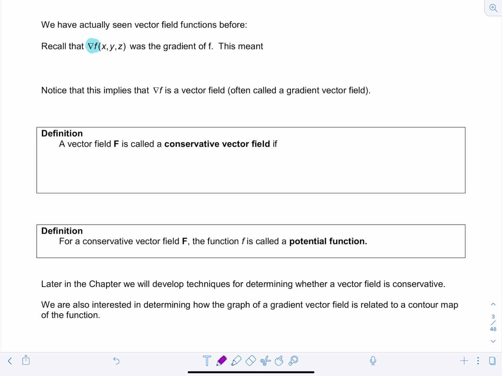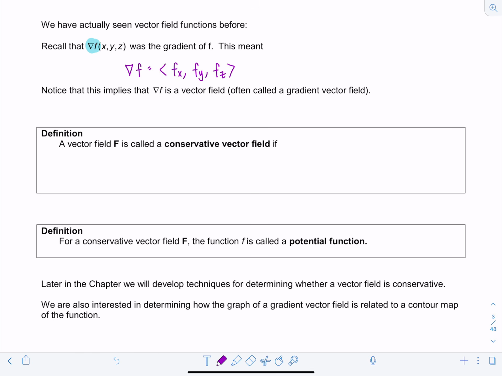So this meant that the gradient of f equals the partial with respect to x, partial with respect to y, partial with respect to z. Remember, we found it by taking the partial derivatives of our function of several variables. We took the partial derivative corresponding to each component. So what does this imply? That the gradient of f is a vector field, and it's often called a gradient vector field.